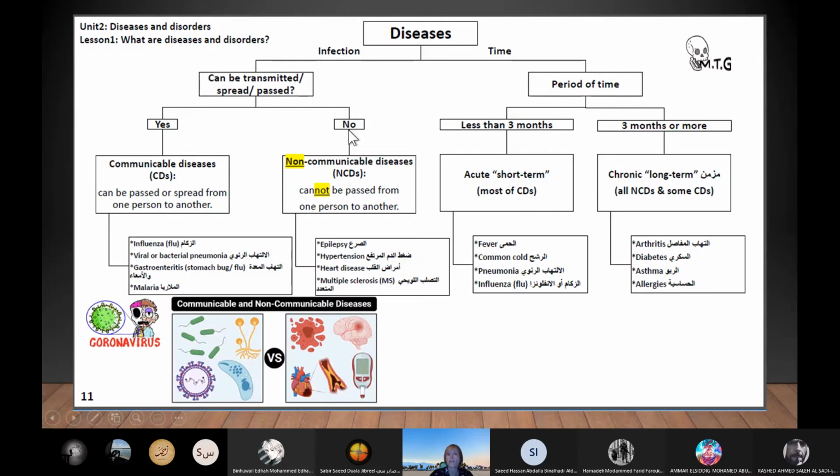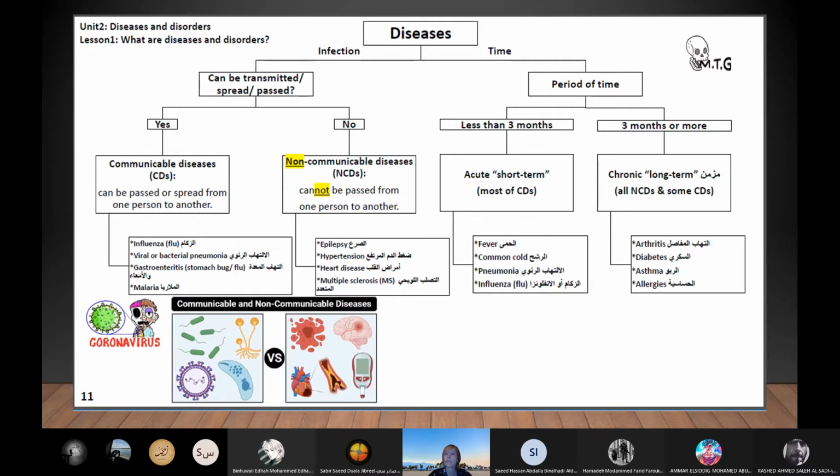The ones that are not communicable, we looked at epilepsy. We're going to look at some of these other types of nervous conditions in a moment. Hypertension and heart disease, diseases of the circulatory system, and multiple sclerosis. This is a disease of the immune system, but it affects our nervous system as well.